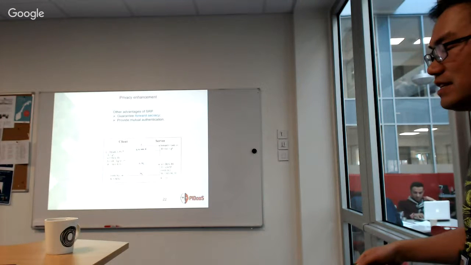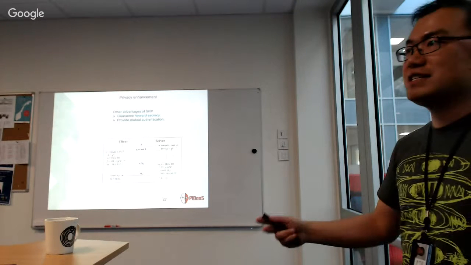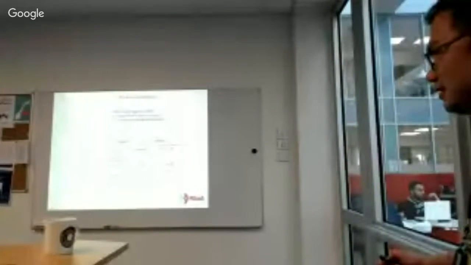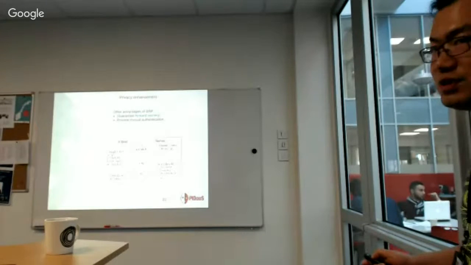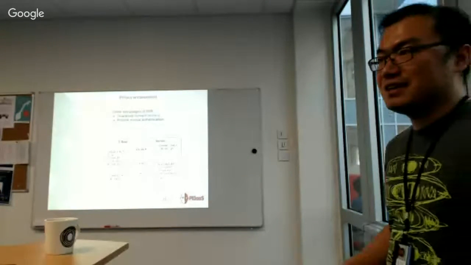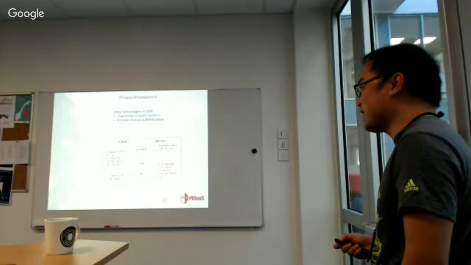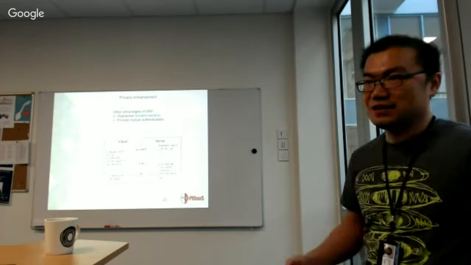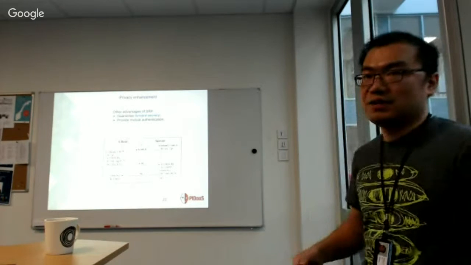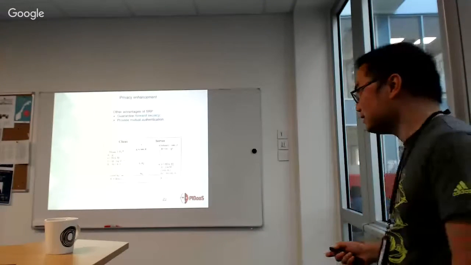The second advantage is that it provides mutual authentication. Another capability of SRP is that the user can also verify the server, to verify whether the server is genuine or not.